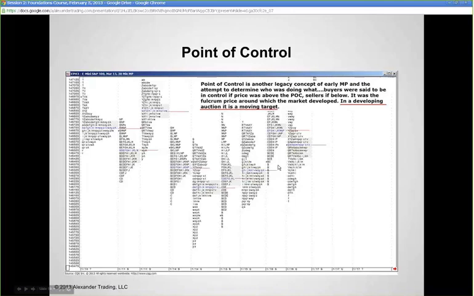I can sell 10,000 contracts as easy as I can buy 10,000 contracts, and it doesn't take me any more time to sell 10,000 as it does to buy 10,000. That's trade being facilitated. Now, trade is not being facilitated in rapidly trending markets.